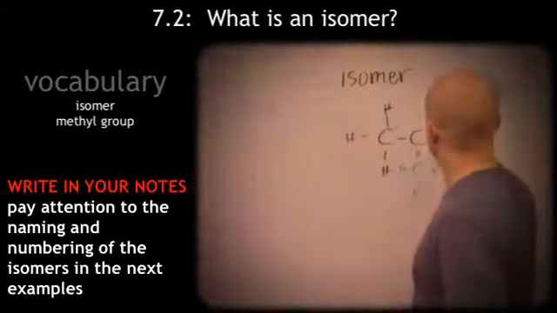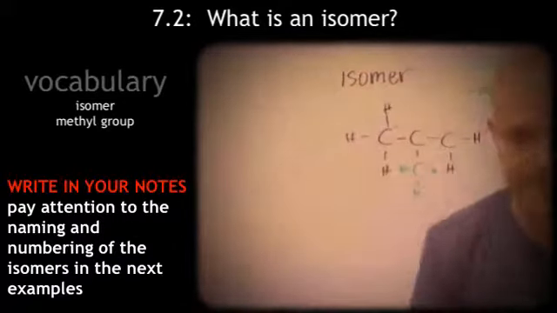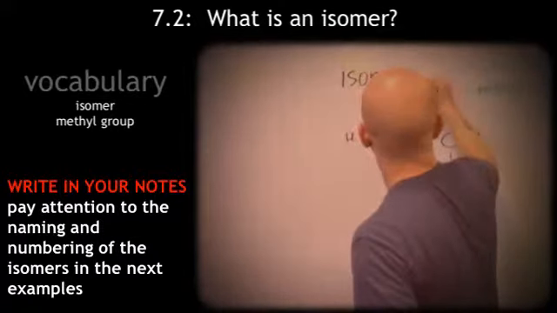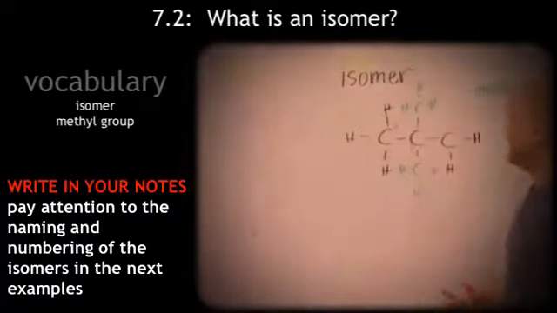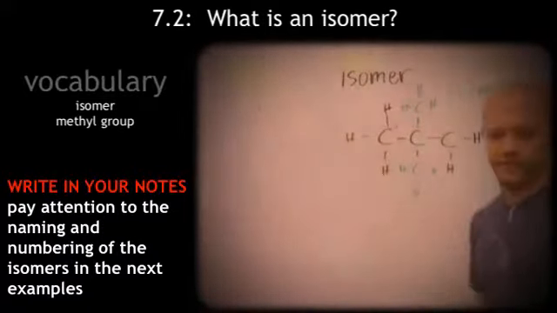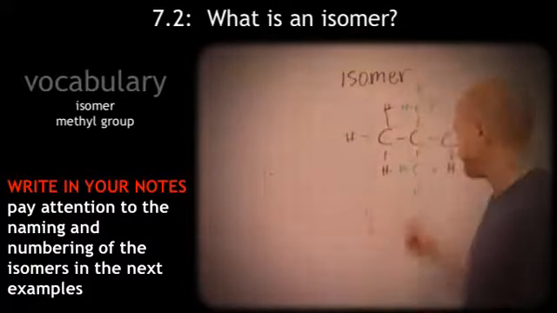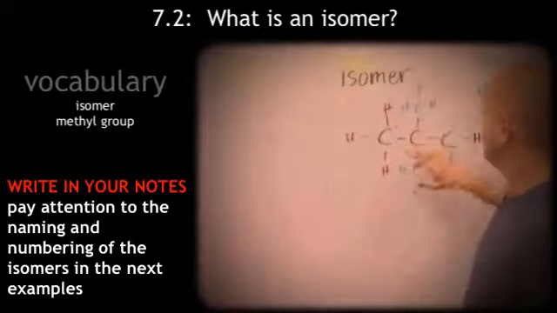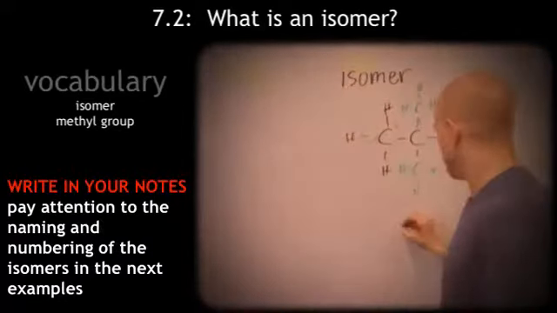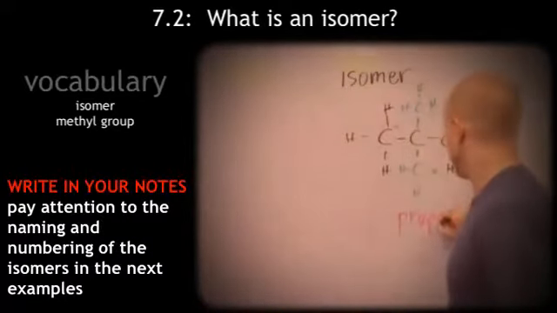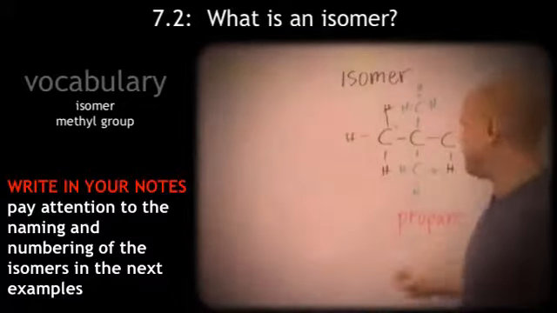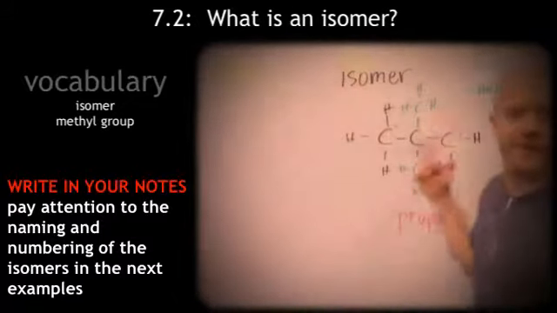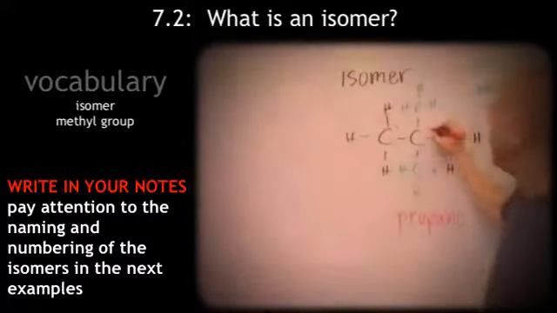Now, we're still going to keep the propane backbone, but now we have 2 methyl groups sticking off that middle carbon. Our backbone is still 3 carbons, so it's still going to be propane, but now we have to say that we have 2 methyls and also where they are.